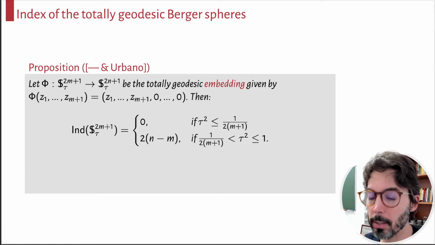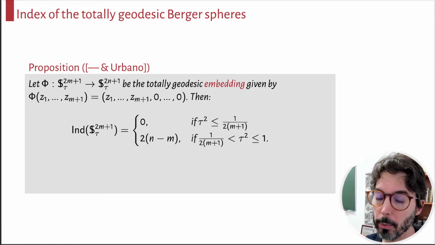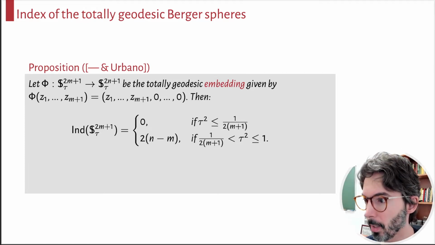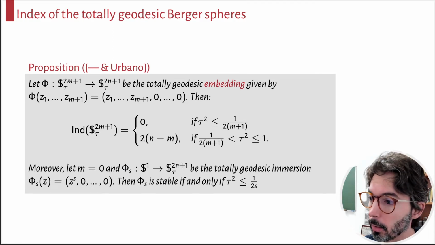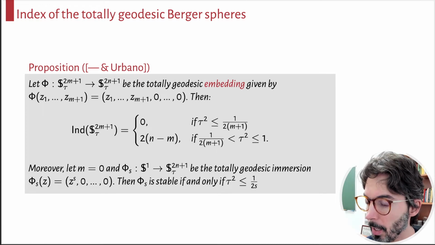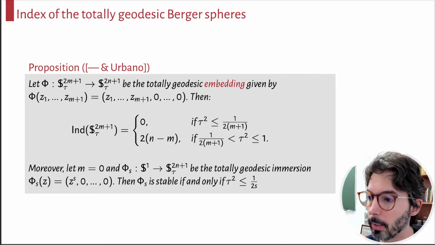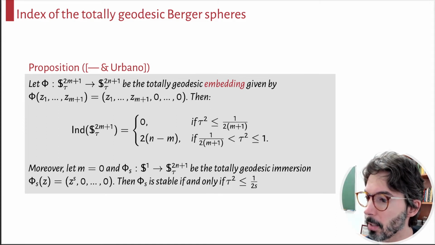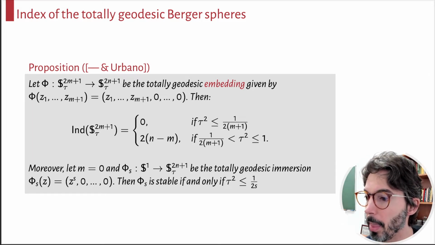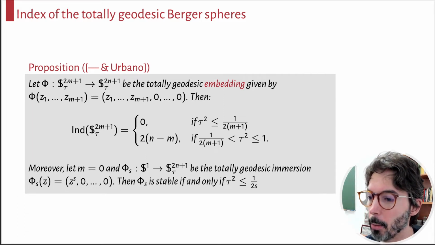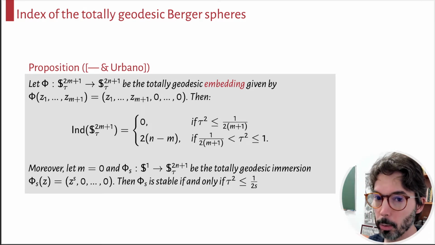Again, I am restricting myself to values of tau less than or equal to 1. Moreover, if n is 0, I mean we are considering a circle, a closed geodesic, and phi is one of these coverings of order s, then this covering is stable if and only if tau squared is less than or equal to 1 over 2s.